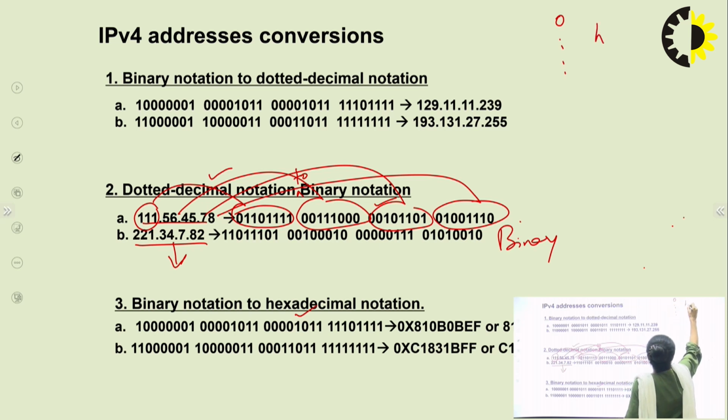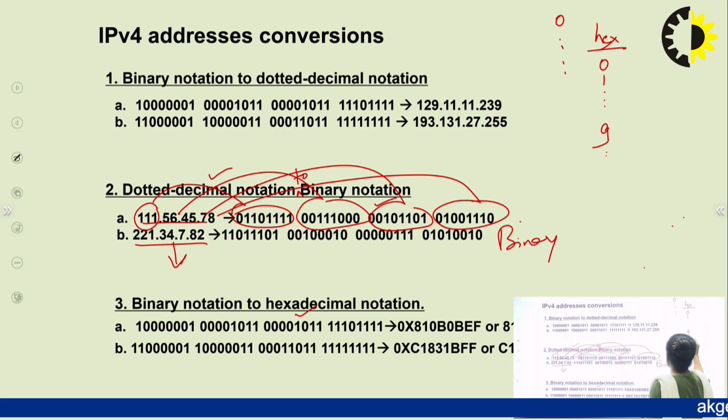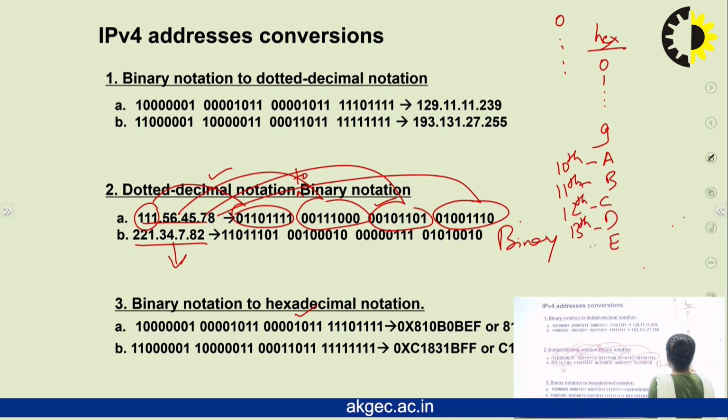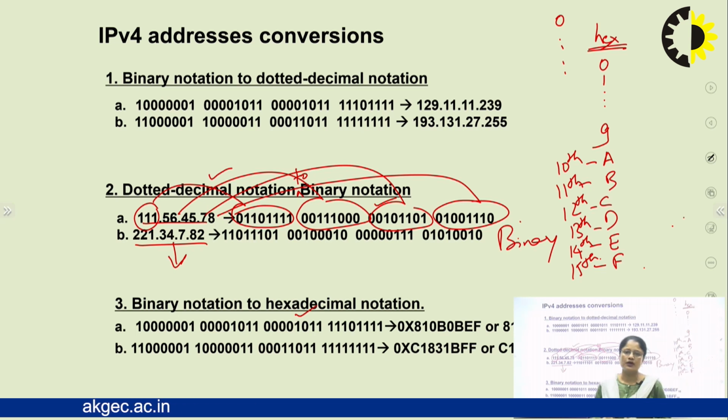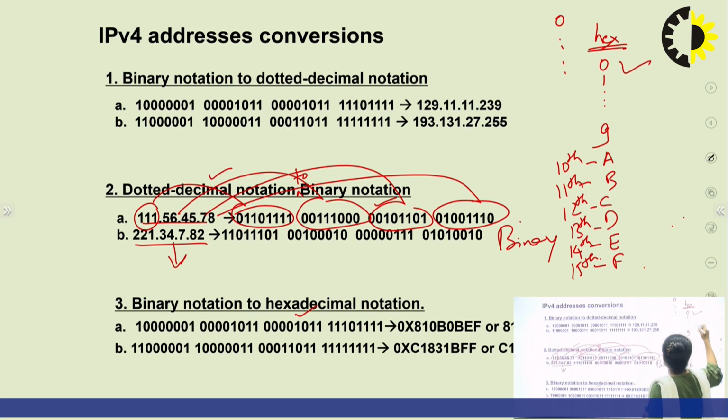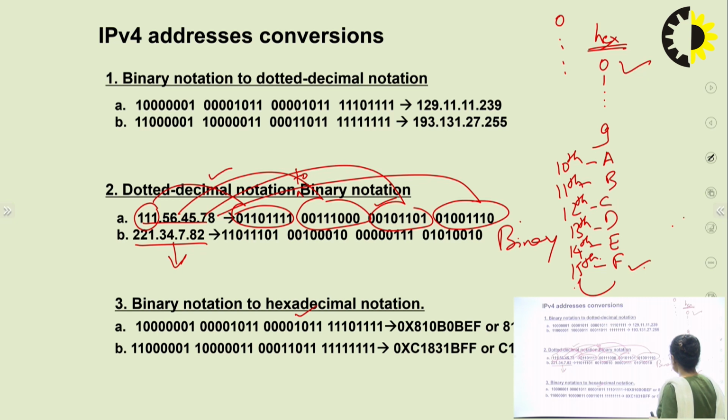So in hexa we have numbers ranging from 0 to 15, where for the first 10 digits we number them 0, 1, 2, 3 till 9, and then we go for A, B, C, D. So this is the 10th digit, this is the 11th, this is the 12th, this is the 13th, E is the 14th, and F is the 15th digit. So our representation of numbers using hexadecimal notation goes from 0 till F, where F represents the 15th digit.